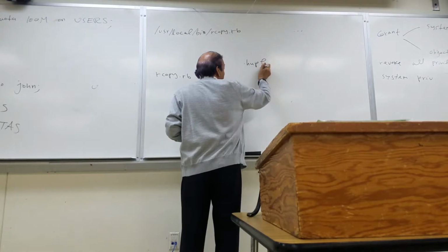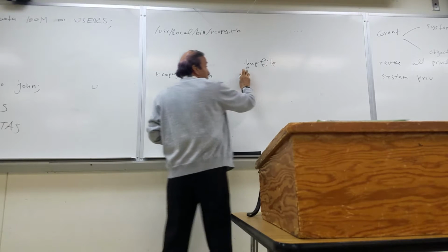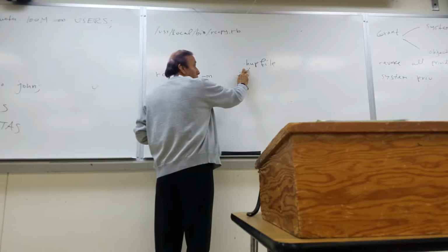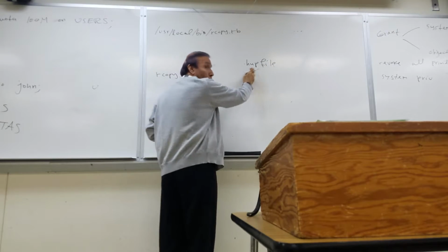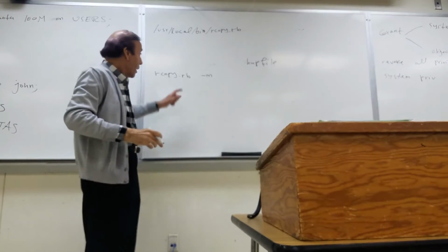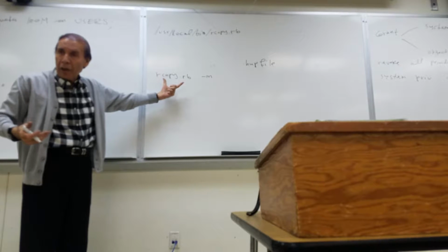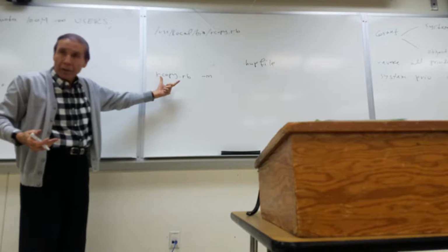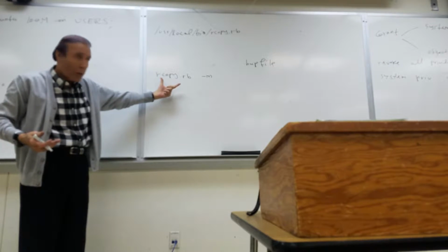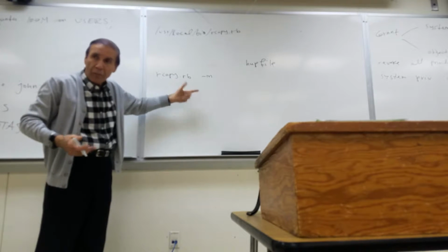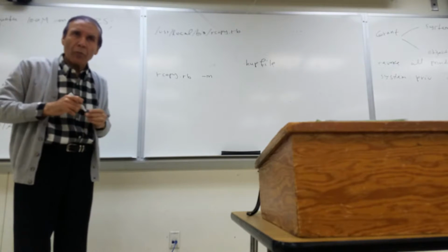We discussed the hub file last time: host name, user ID, password file, okay? You need to do it before using rcopy.rb. Run this command just once, you don't need to run it more than that.